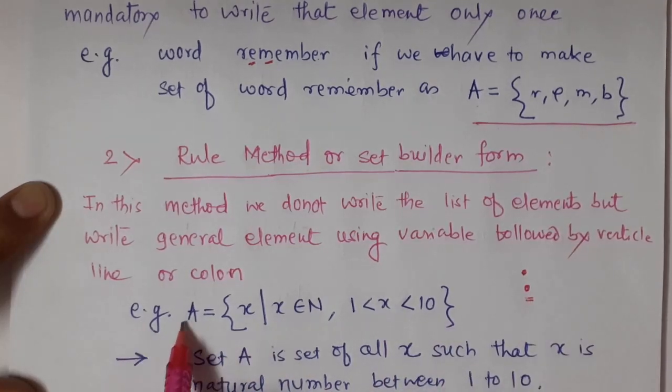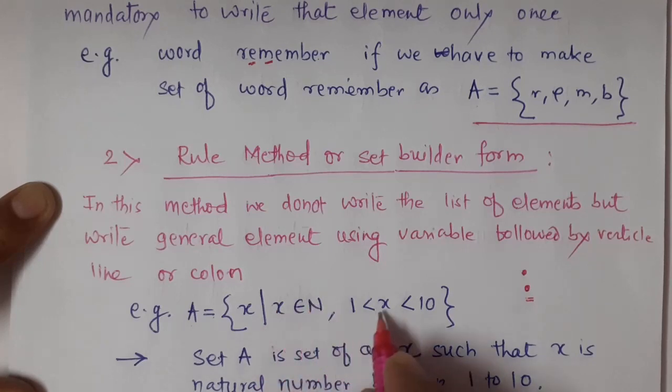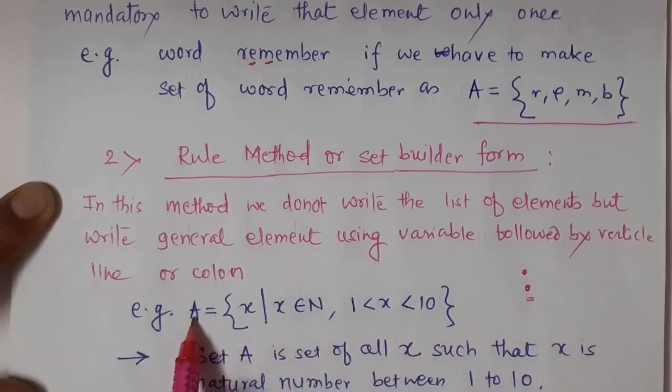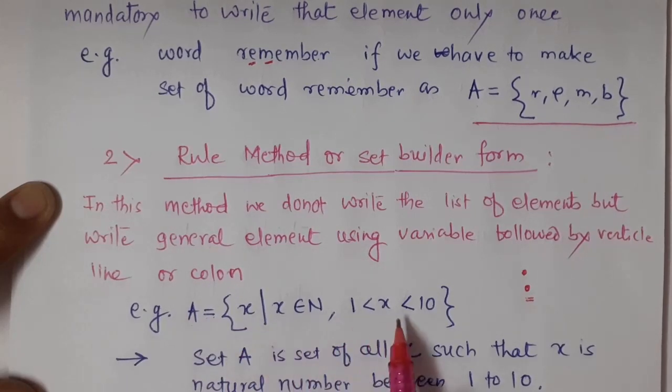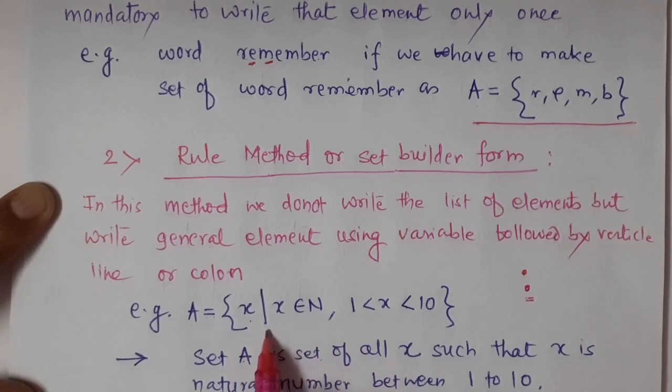So the example is: A is equal to, in brackets, x, vertical line, x belongs to N, comma, x is between 1 and 10. This is the complete curly bracket. What is the meaning of this? We have written this in the rule method or set builder method. Set A is the set of all x such that x is a natural number.